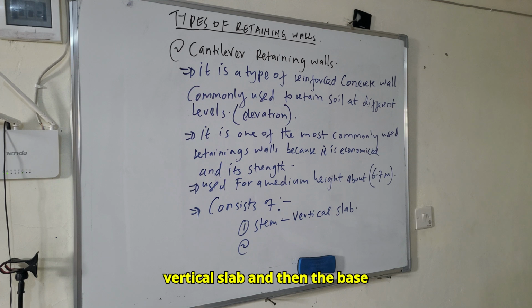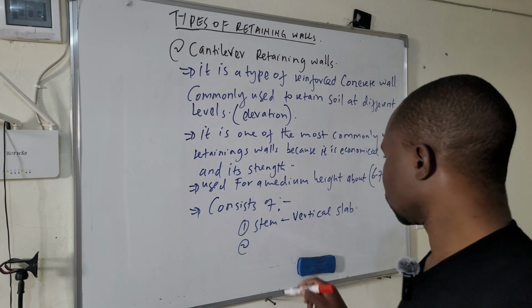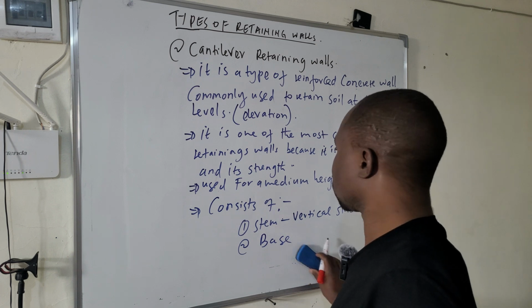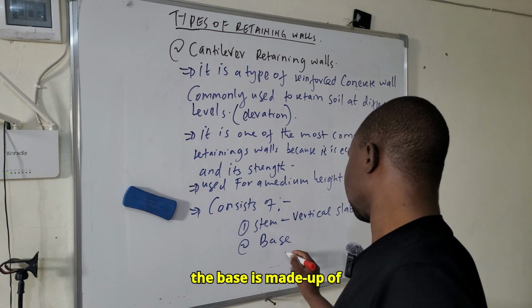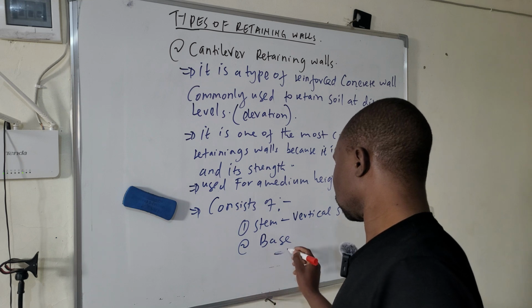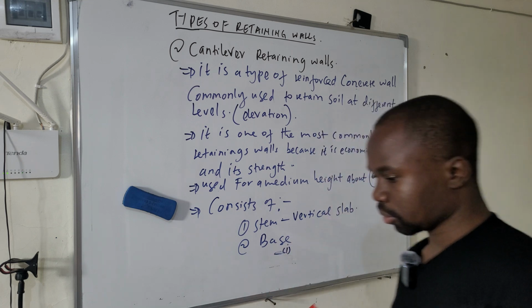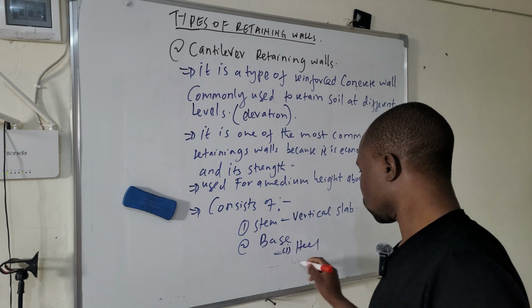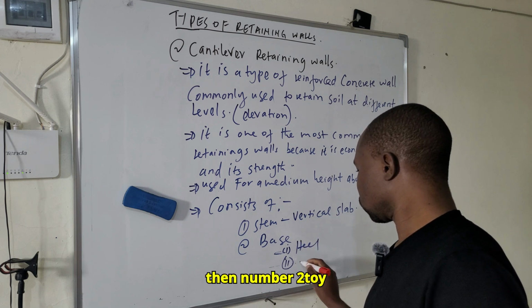And then number 2 is the base. The base is made up of number 1, heel, and then number 2, toe.